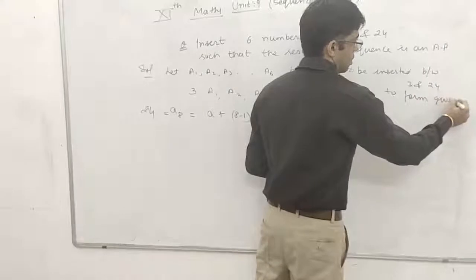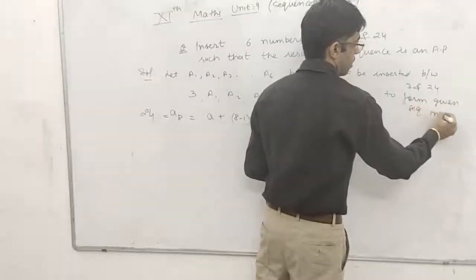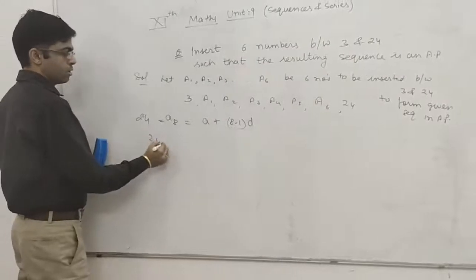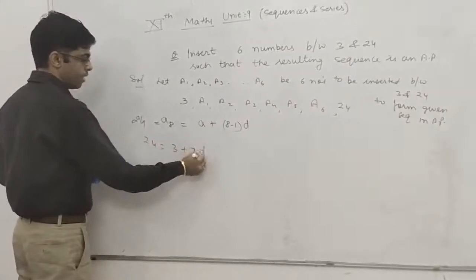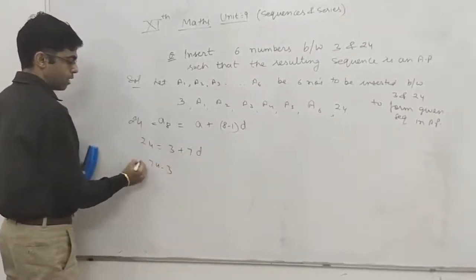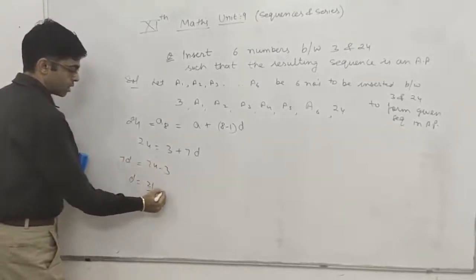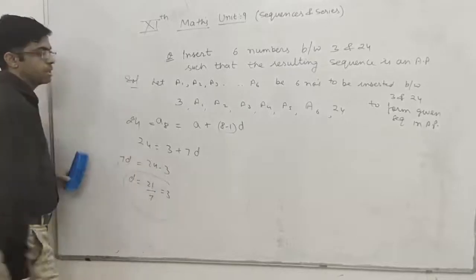So 24 is equal to 3 plus 7d. 24 minus 3 is equal to 7d. d is equal to 21 upon 7. So the common difference is 3.